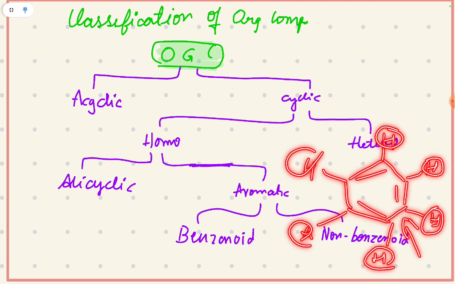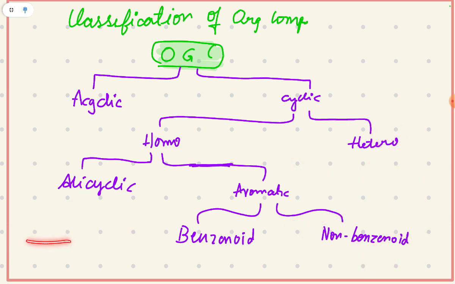Hope you have understood. But what is alicyclic? One minute, guys. Okay. See, alicyclic compounds are those which don't follow a rule called the Huckel rule.